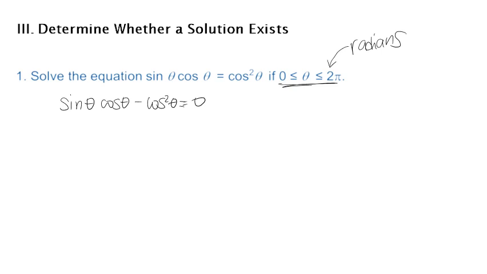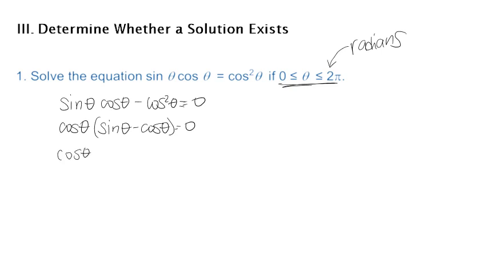So I think maybe I need to take a different approach. One thing that I notice is that both of these have a cosine in common, so I might factor out a cosine. So I'd have cosine of theta times the sine of theta minus the cosine of theta is equal to 0. Now that I have this factored, let's set both factors equal to 0 and see what happens.